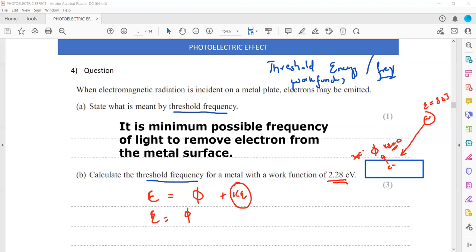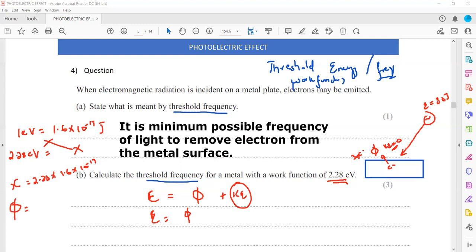How to convert this into joule? 1 electron volt is equivalent to 1.6 times 10 to the power minus 19 joules. So if we have 2.28 electron volts, the energy will be X, cross multiply: 2.28 multiplied by 1.6 times 10 to the power minus 19. When we multiply, we'll get the work function, and that work function will be in joules.